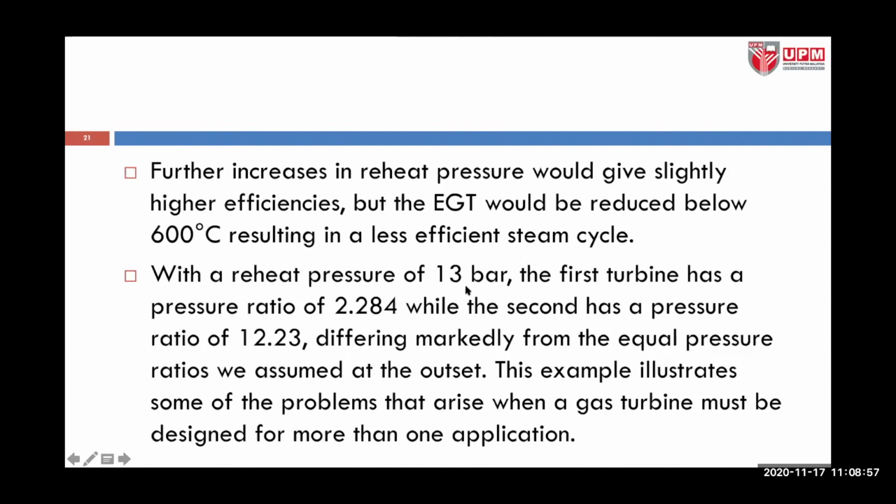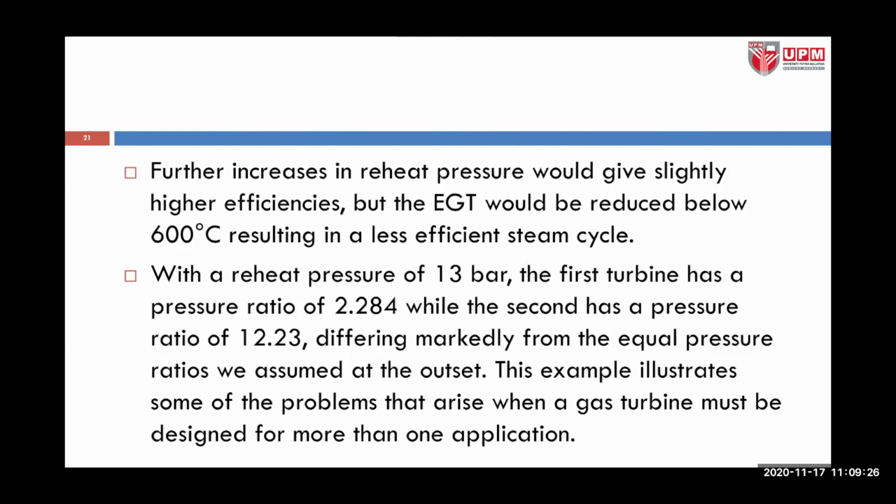With a reheat pressure of 13 bar, the first turbine has a pressure ratio of 2.284, while the second has a pressure ratio of 12.23, differing markedly from the equal pressure ratio we assumed at the outset. This example illustrates some of the problems that arise when a gas turbine must be designed for more than one application. So it depends on the application.